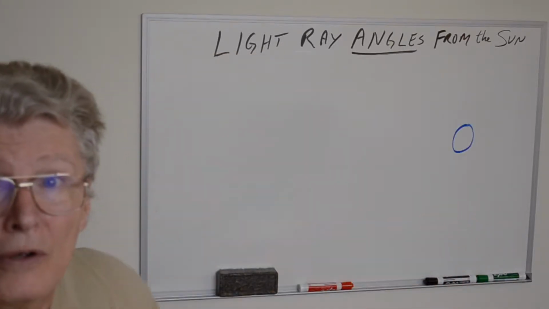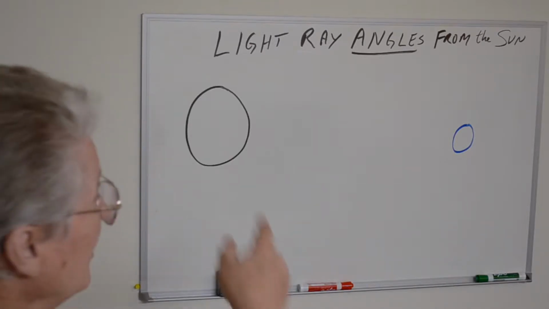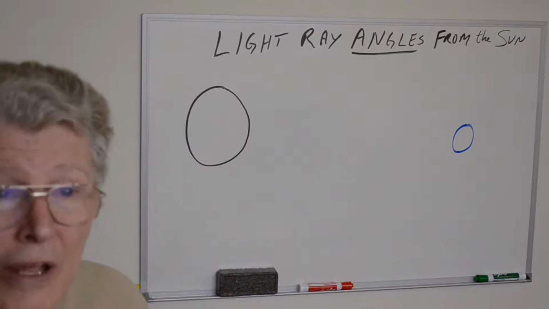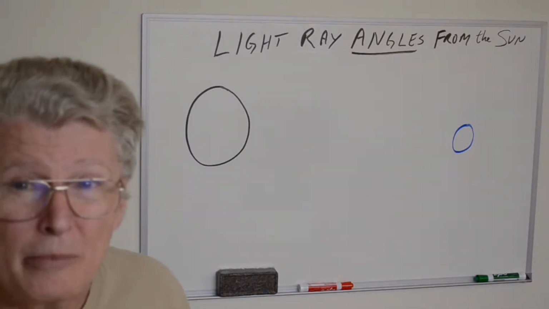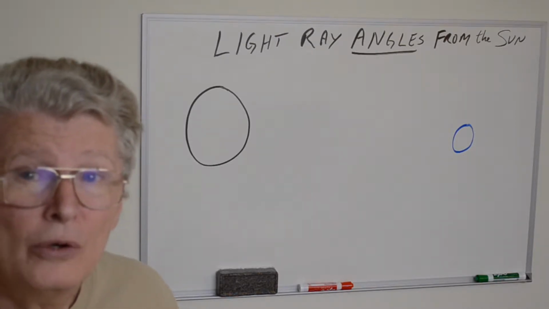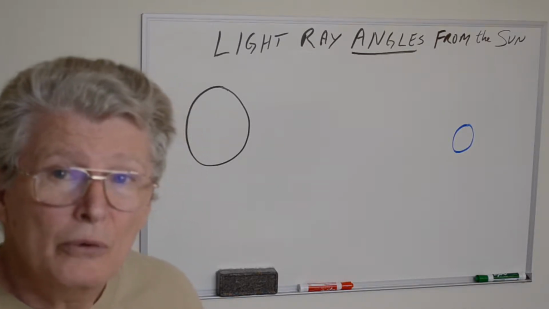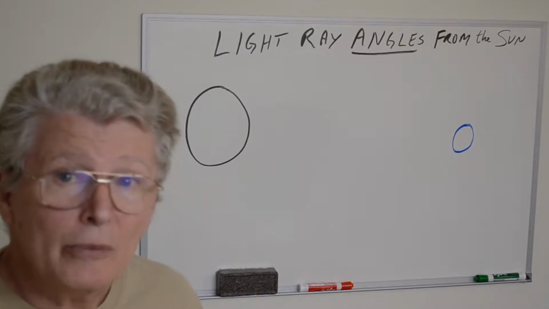We'll start with our little earth, little blue ball over here on the right, and the sun over here on the left. The greatest angle of variation is going to come from a light ray from either the top or the bottom of the sun. We'll work with the top of the sun. A light ray leaving the top of the sun and hitting the bottom of the earth would be the greatest angle variation that you could possibly have in this model.